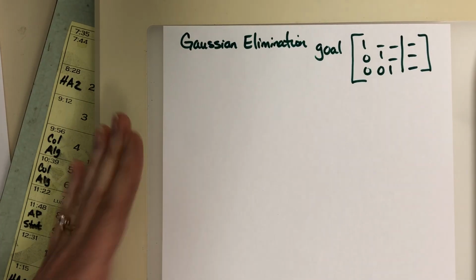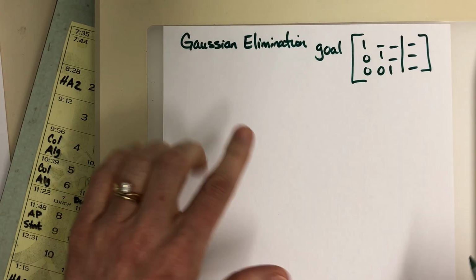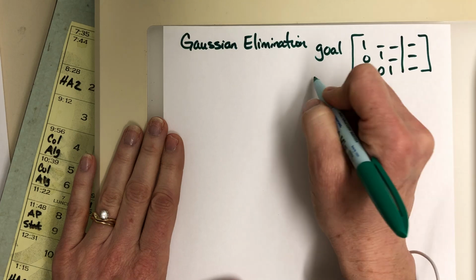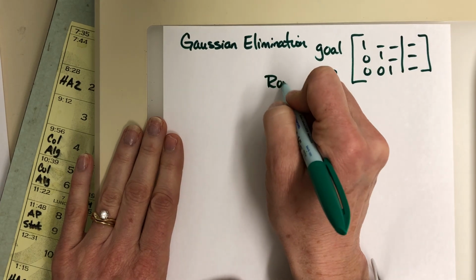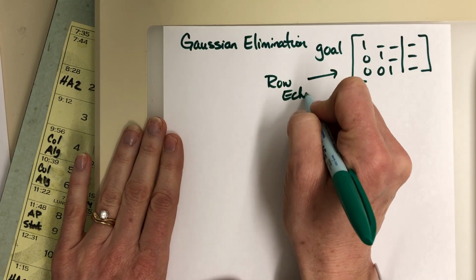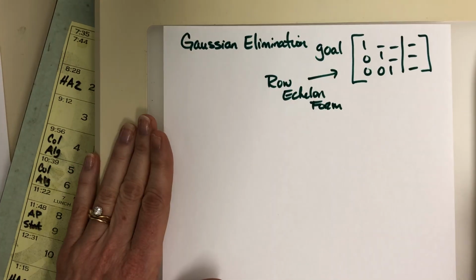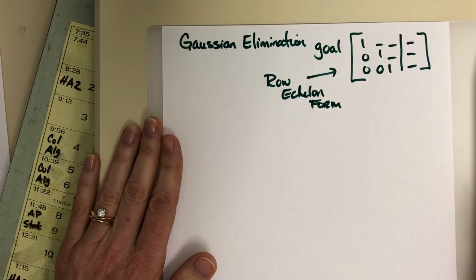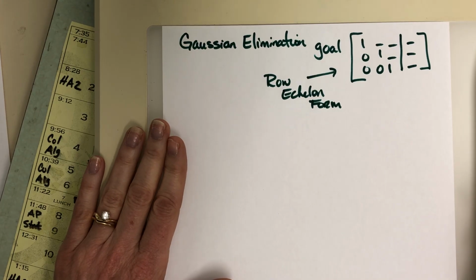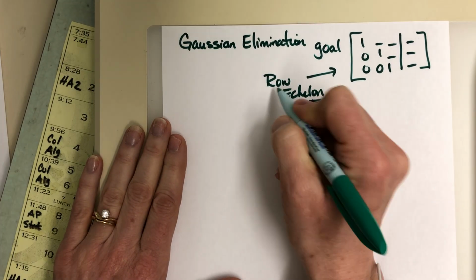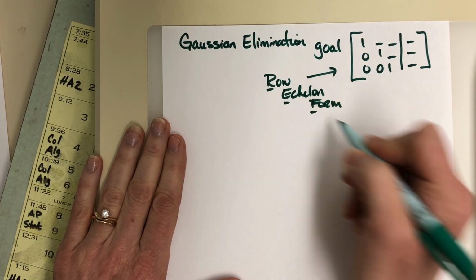This is what I'm going to think about. This is what's called row echelon form. If you're using your graphing calculator, in the matrix menu underneath math, you'll see something called REF, and that comes from row echelon form.